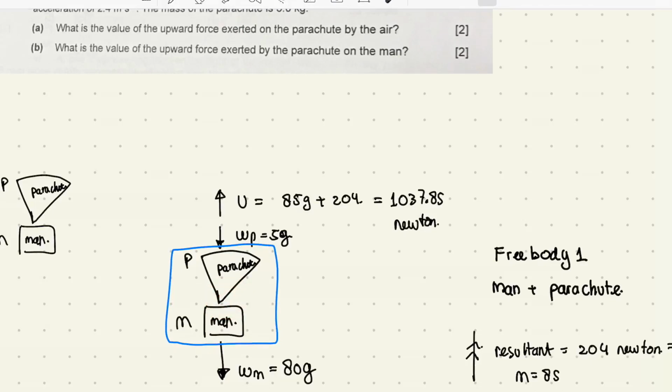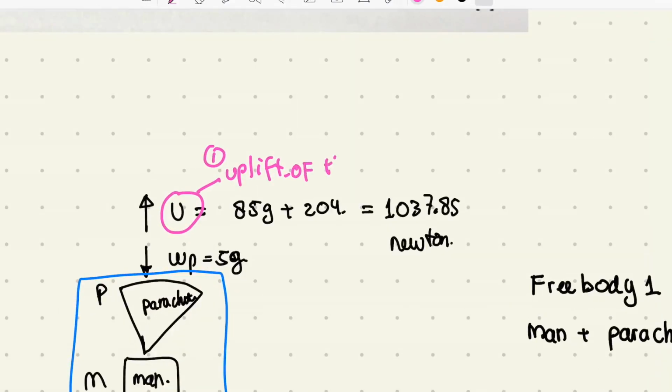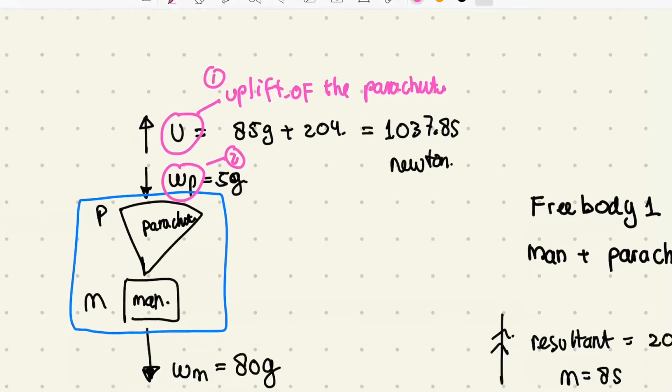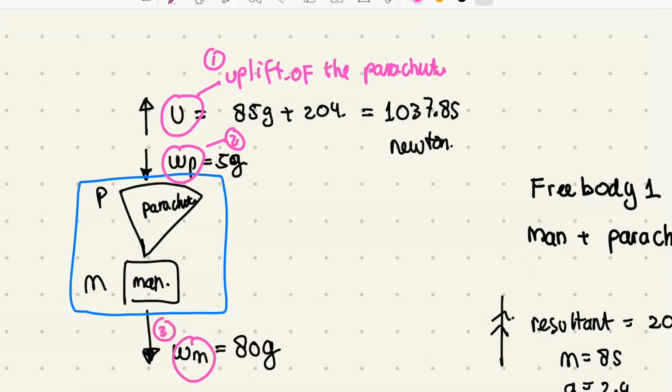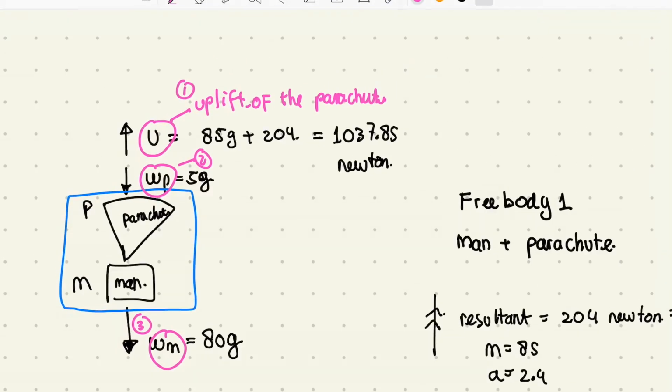So you have three forces. Number one is the uplift of the parachute. Number two is the weight of the parachute. Number three is the weight of the man. So we have three forces: uplift pointing up, weight of parachute pointing down, weight of man also pointing down. Very simple.